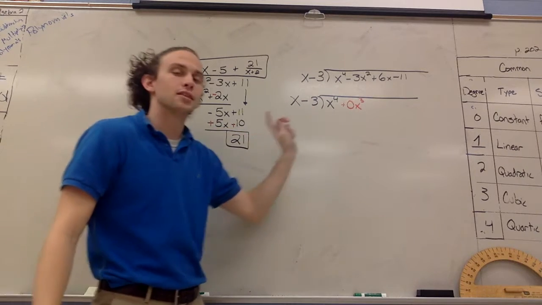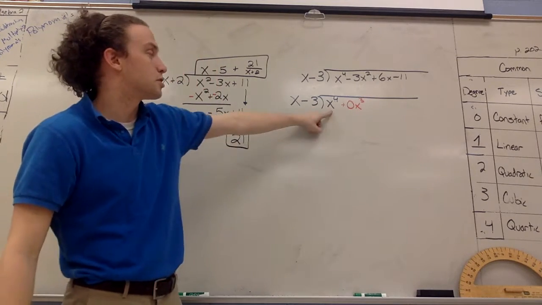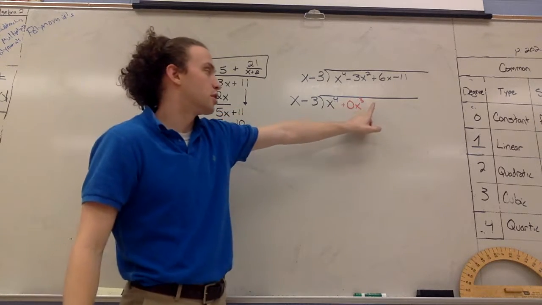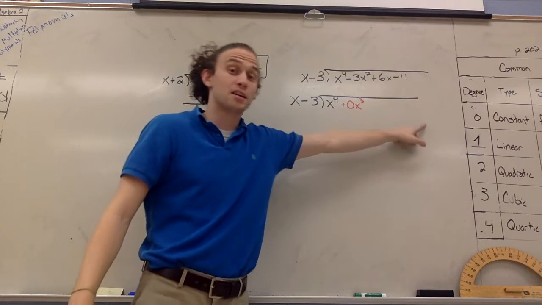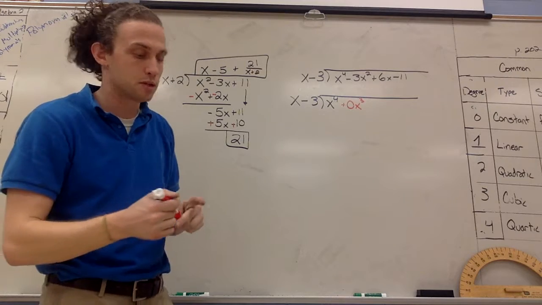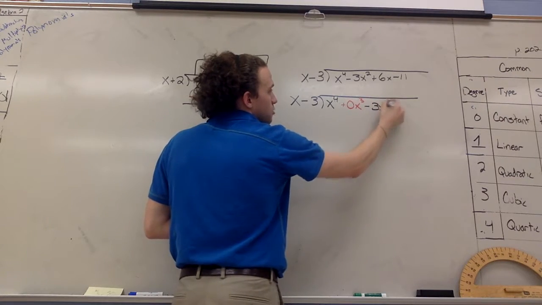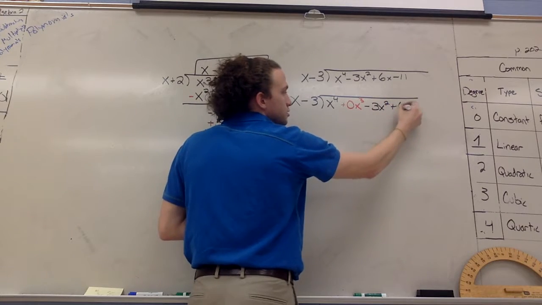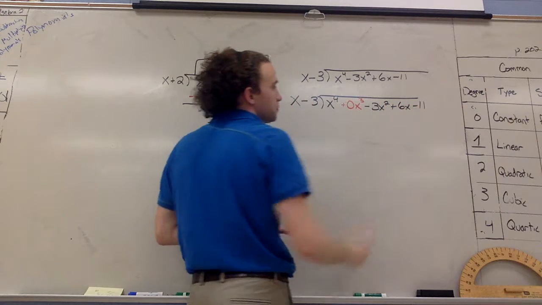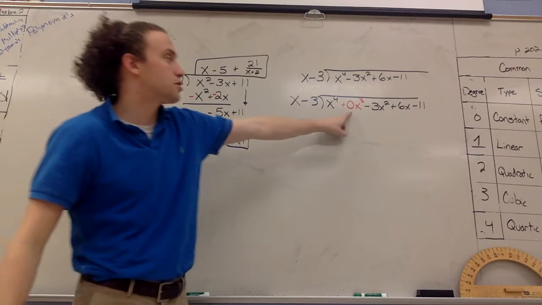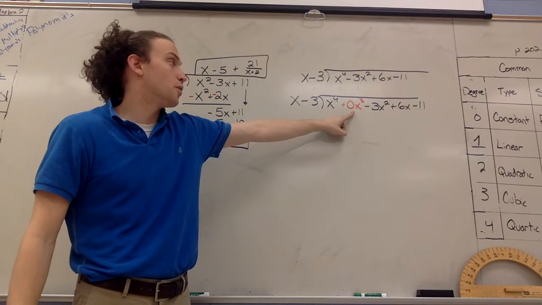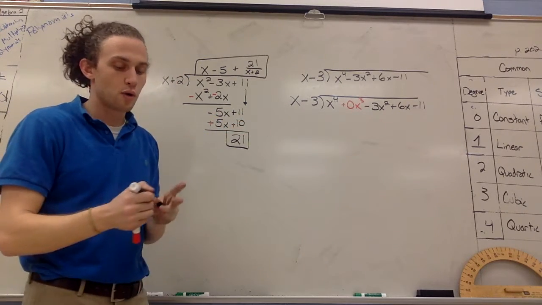But it's anything less than that highest exponent. So this is up to the 4th, I would need a 3rd, I need a squared, I need a linear, I need a constant. I need all that stuff in there when I'm doing this. Okay, so I have a negative 3x squared plus 6x and minus an 11. So the only thing changed here is I added a 0x cubed. Now you'll see why I did that in a second.